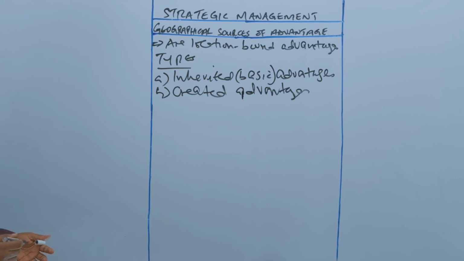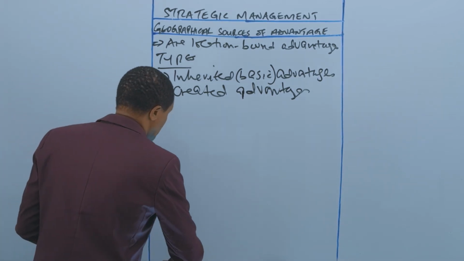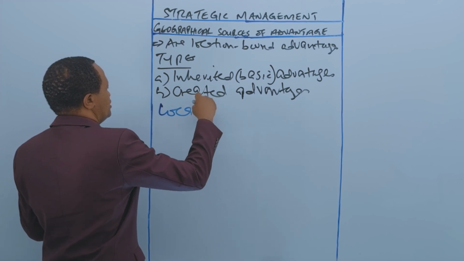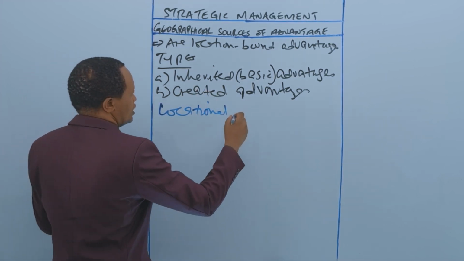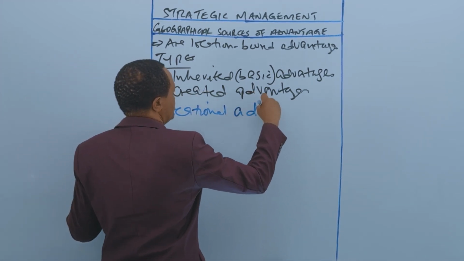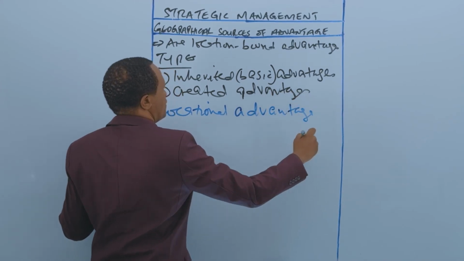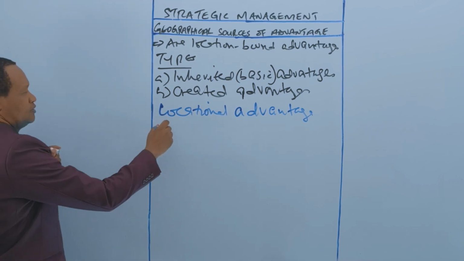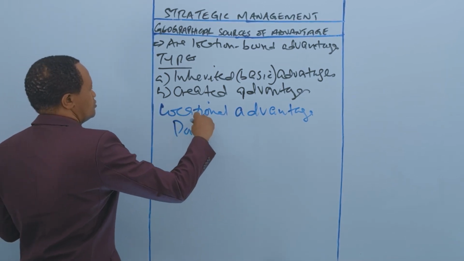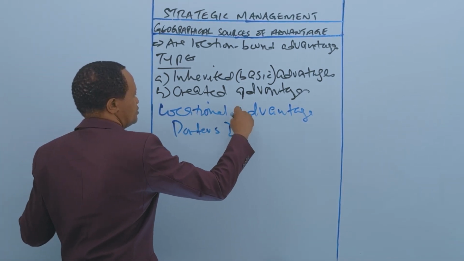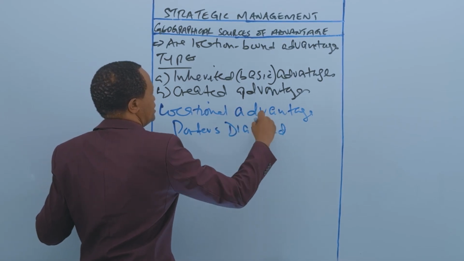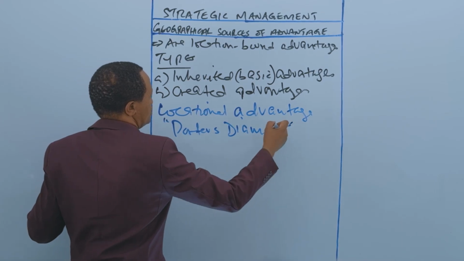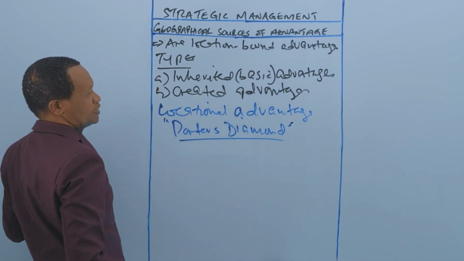And we have one type, which is the locational advantage. The syllabus requires us to study the locational advantage by Porter's diamond. Let's study the Porter's diamond locational advantage.